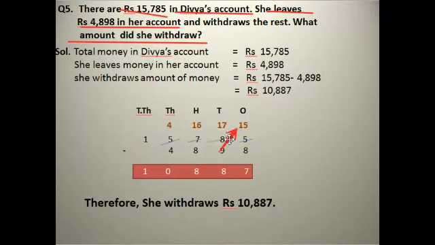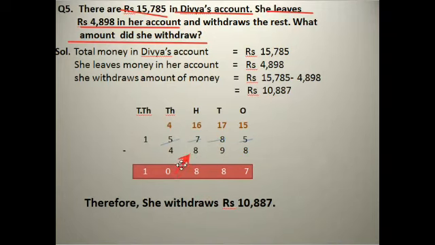Now we subtract 8 from 15 is 7 and then 9. We subtract 9 from 7. It is not possible. So we take away 1 from the hundreds place and 7 becomes 17. Now we subtract 9 from 17 is 8.